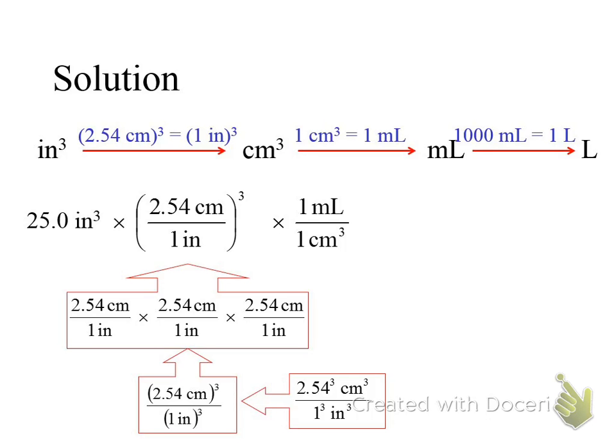So we need to put units of milliliters in the denominator: 1 liter over 1,000 milliliters. And that's it. So try this on your calculator, but also when we round it, we have to count the uncertainty in the 25.0 inches cubed, but there's no uncertainty brought by anything else.